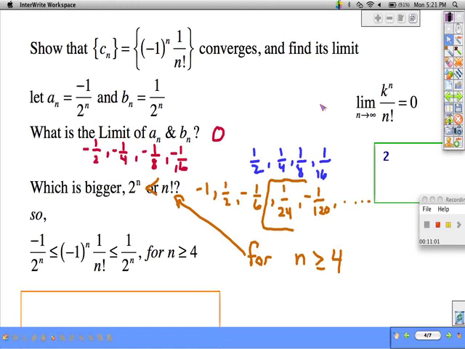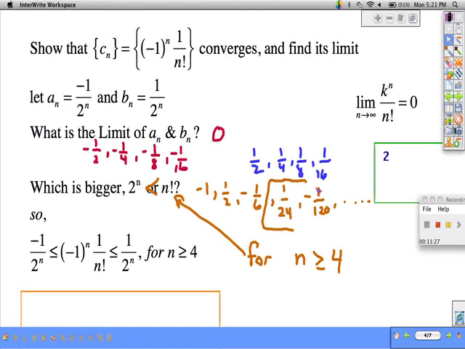And in general, we can say that k to the n over n factorial as n approaches infinity is 0 by the squeeze theorem. We'll always be squeezed in between these two a sequence and b sequence as n gets really big. Depending on what k is, it will determine what term it starts being between there.